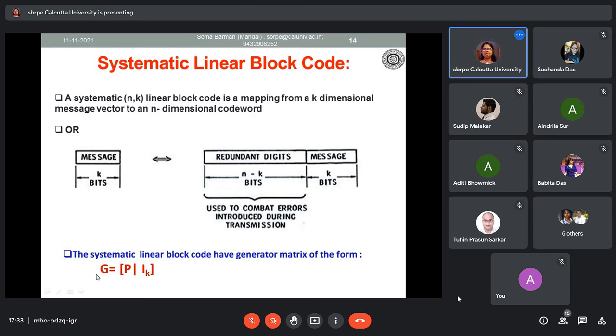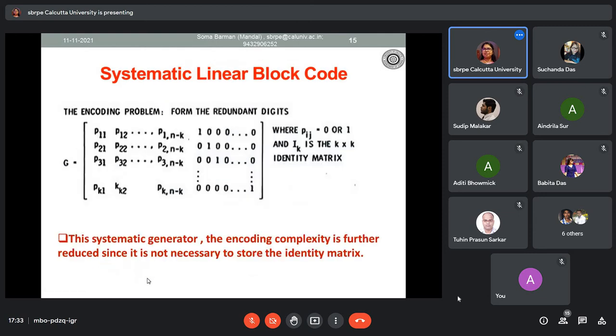Generator matrix generation is very simple. This will be the parity part, and the rest will be I_k, meaning your identity matrix. It will look like this.